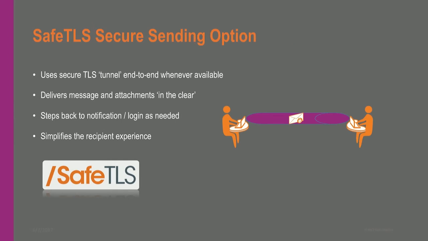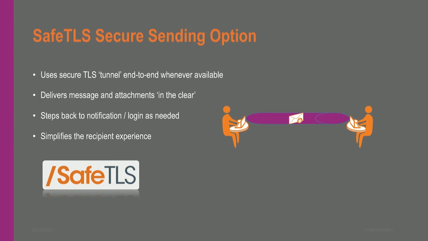Also focused on recipient experience is our Safe TLS sending option. So this sending option takes advantage of pretty widespread use now of transport layer security or TLS. That's available across a lot of personal email services and also public servers and private servers as well. And it's a secure tunnel that allows emails and attachments to be exchanged securely, but without any heavy encryption keys or passwords required.